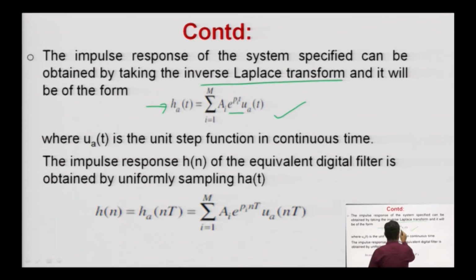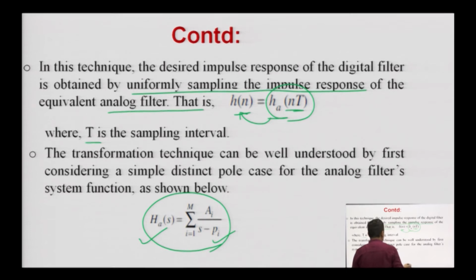Okay. u_a(t) I associate here because we are dealing with IIR. So, IIR means your impulse response exists for infinite duration. So, u(t), the unit step function, is very important, because the unit step function gives its value for infinite duration.